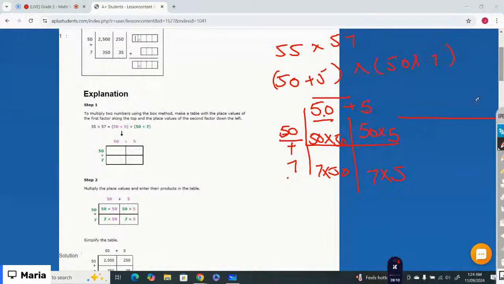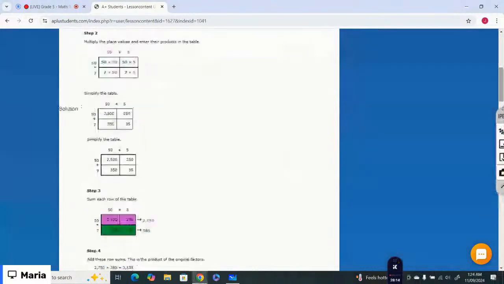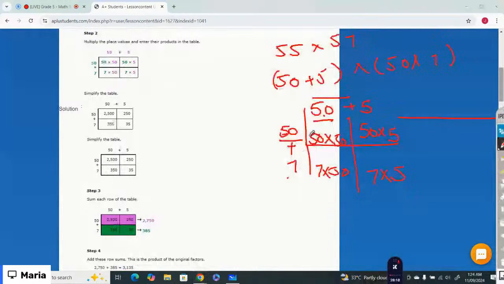Just multiply them. 50 times 50 is 2500. 50 times 5 is 250. 7 times 50 is 350. And 7 times 5 is 35, right?